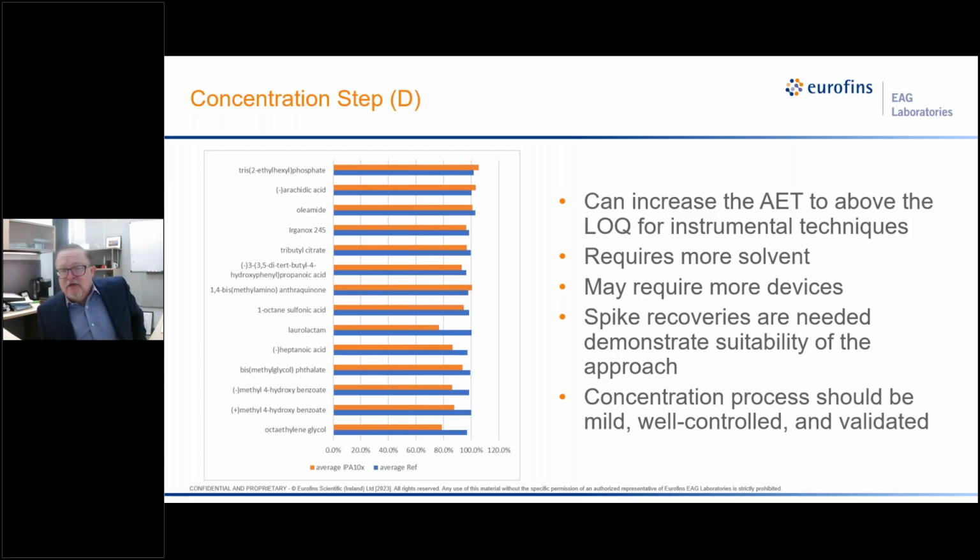Because ultimately the big concern is that through that concentration step, you may lose extractables, or you may alter those extractables in a way that they're no longer representative and cannot therefore really be assessed by a toxicologist. So you need mild conditions, it needs to be well controlled, and you need to demonstrate that that has minimal impact on the extractables.